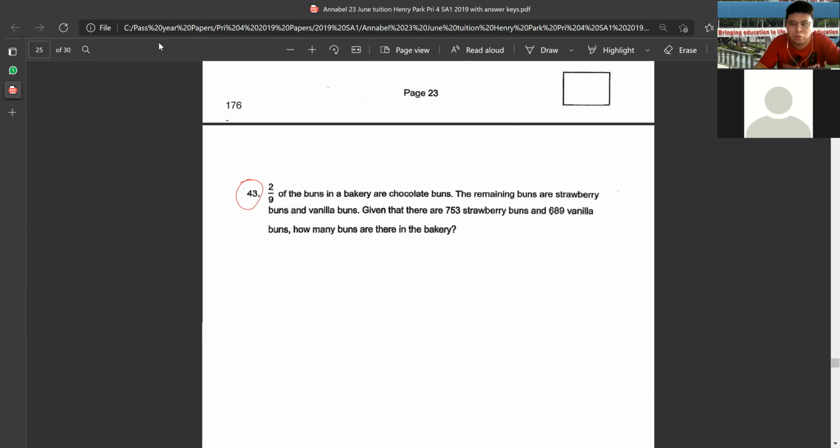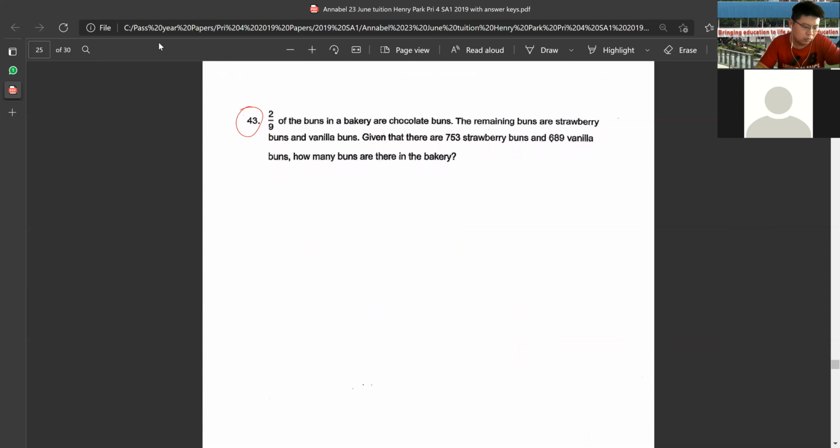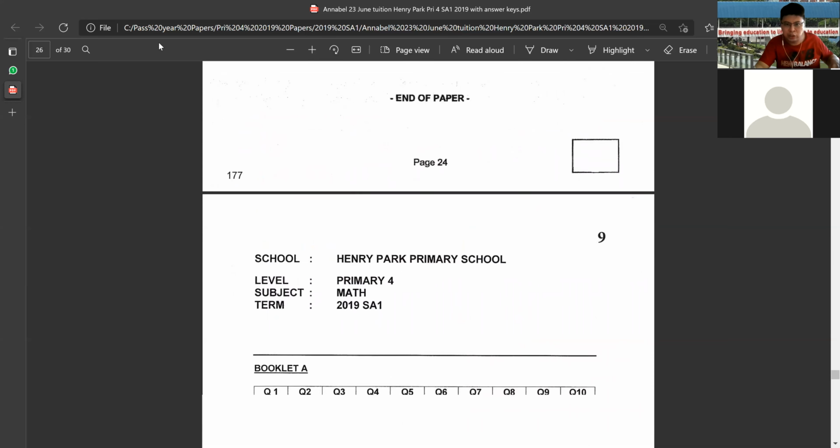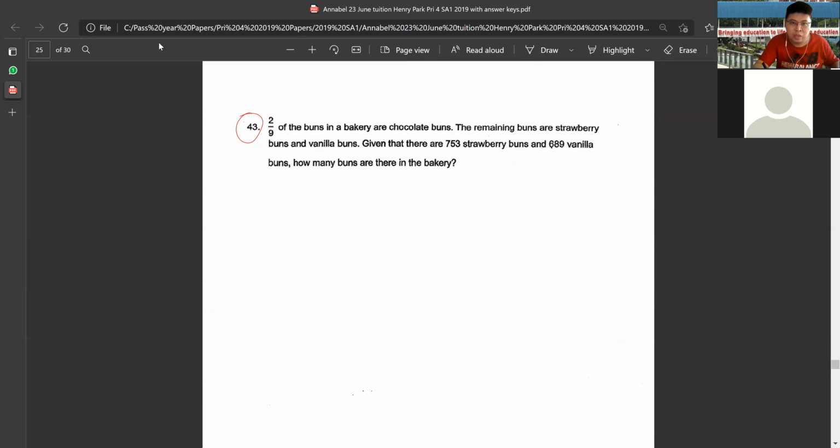Okay, we move on to 43. Is 43 the last question? Yeah, 43 is the last question. Okay, 43, I can take my time and explain. 2/9 of the buns in the bakery are chocolate buns. So 2/9 of it are chocolate buns.